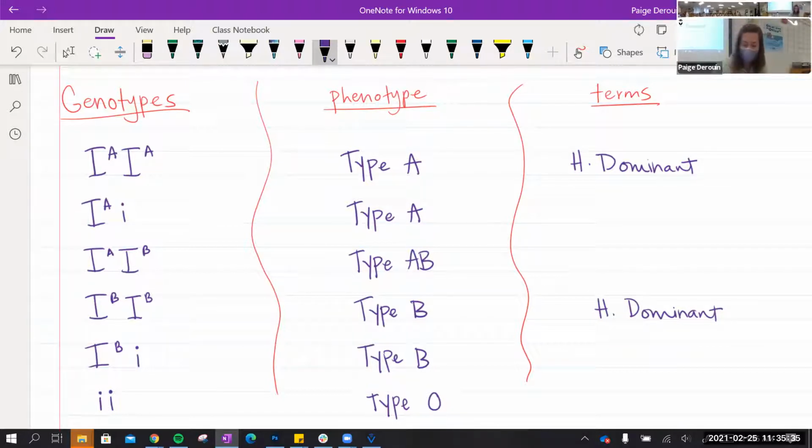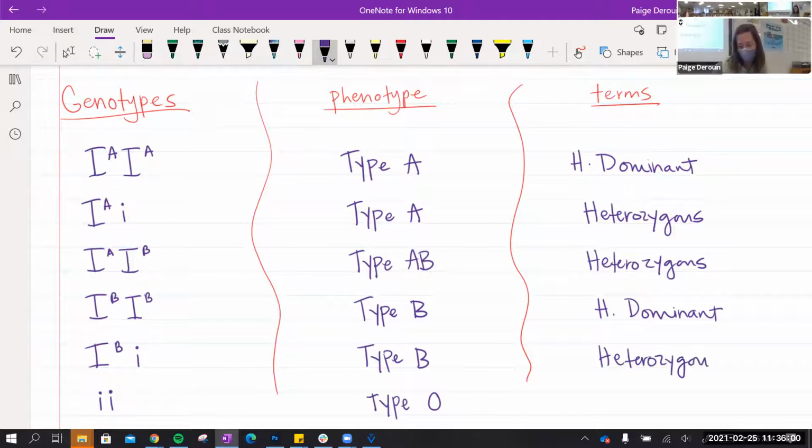Heterozygous. Exactly. So this one that's type A is heterozygous. Is type AB heterozygous? Yep. Is this type B heterozygous? Yes. And then finally, two little i's is homozygous recessive.